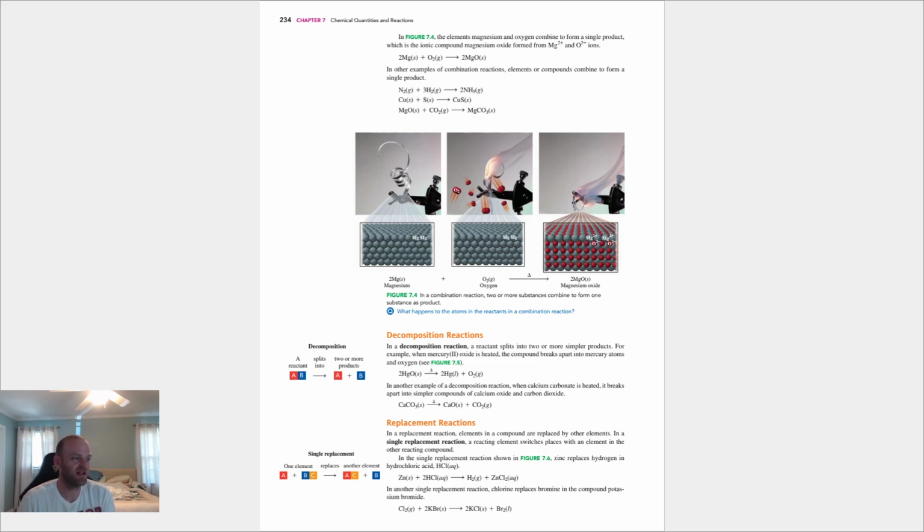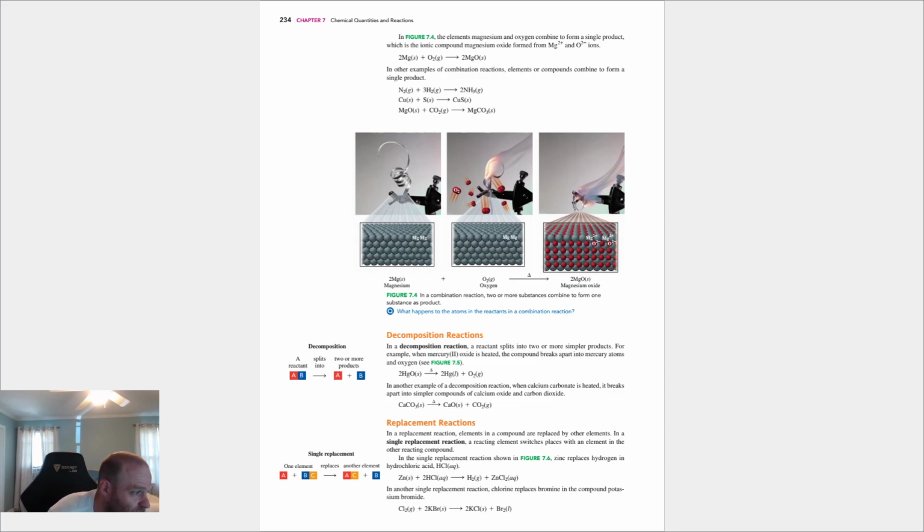A single replacement, you can kind of pay attention to these. It'll have a single change, right? So zinc is by itself. Then on this side, hydrogen is by itself.